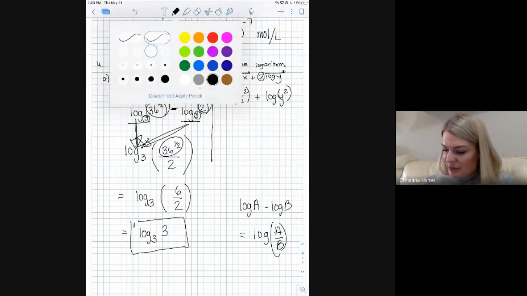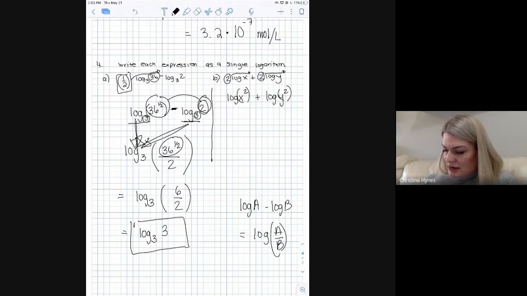Now, the next example, I'll just continue that on. So when you see an addition sign, that is called your product law. That means you're going to write these two logs as a single log. Okay, so 2 logs became 1. And then you're taking x squared and y squared, and you're actually going to multiply them.